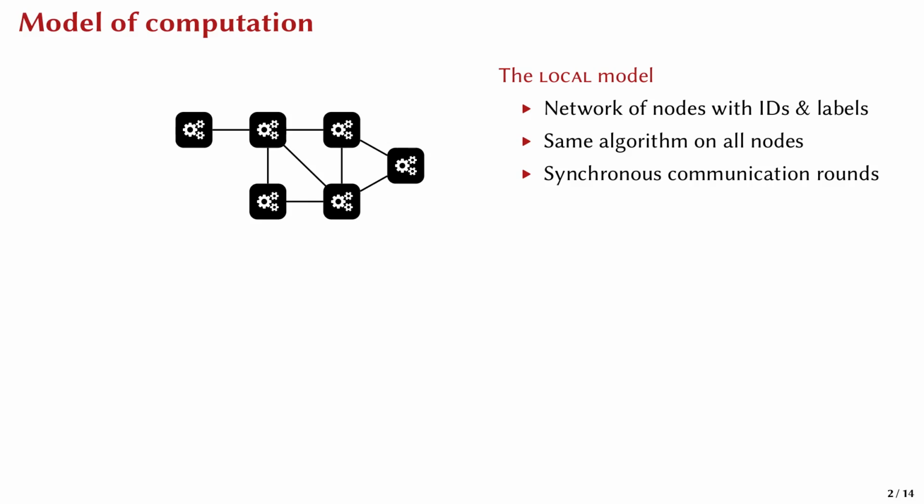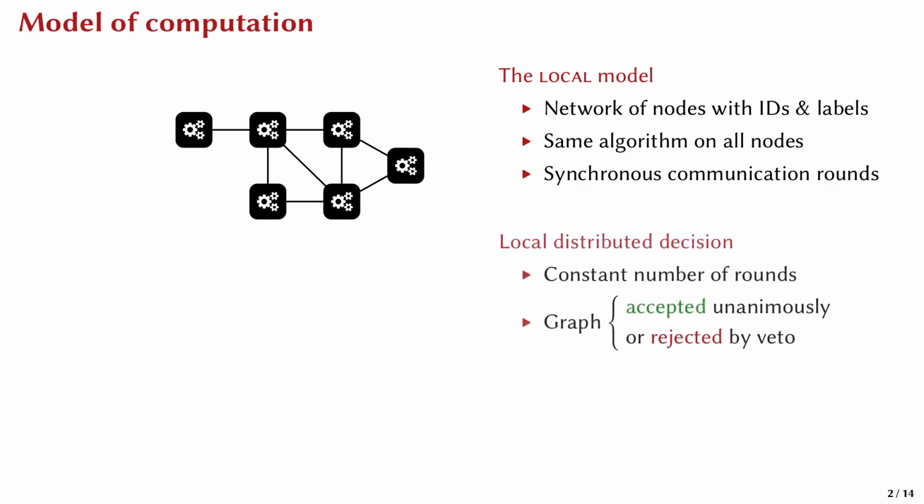This means that communication proceeds in a sequence of rounds, and in each round, every node exchanges messages with all of their neighbors. And more specifically, I'm interested in local decision, where the machines communicate only for a constant number of rounds and then have to collectively decide whether the network satisfies some graph property or not.